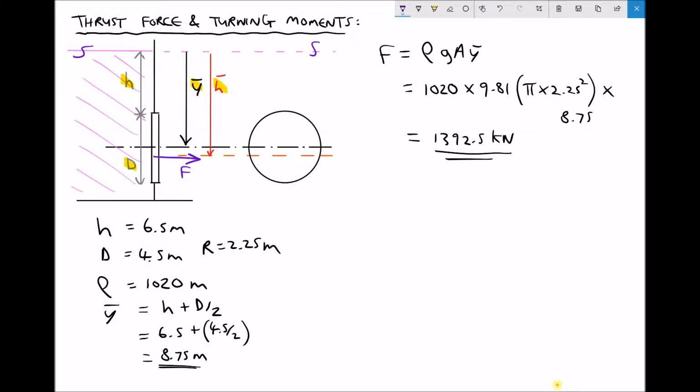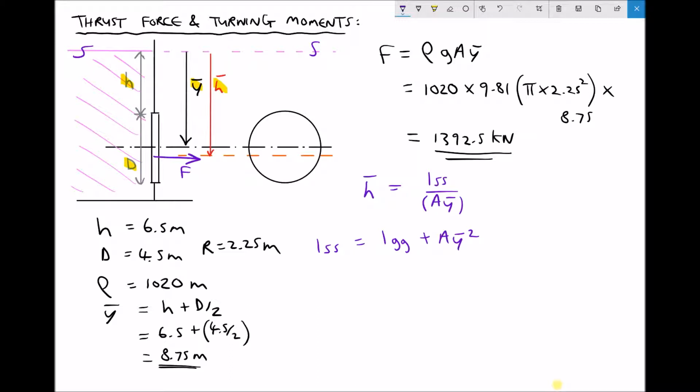That distance is given the variable h bar, and the way that we calculate h bar is by doing ISS over A y bar. We already know A and y bar, but we need to calculate ISS. The formula for ISS is ISS equals IGG plus A y bar squared.